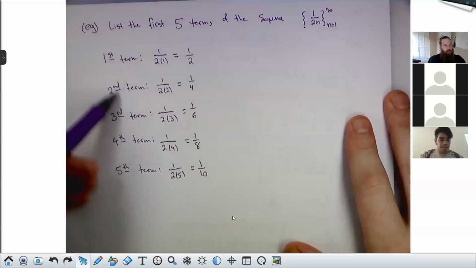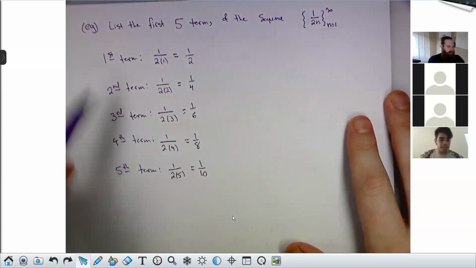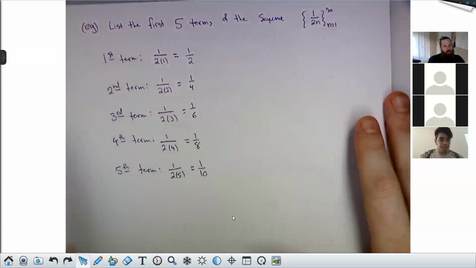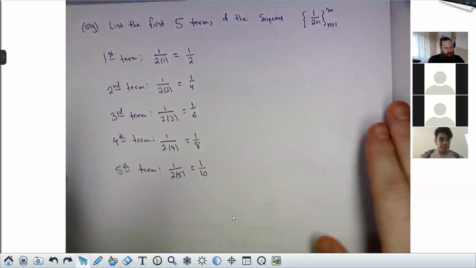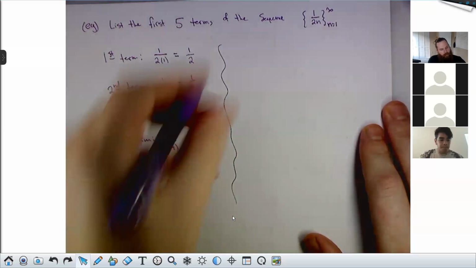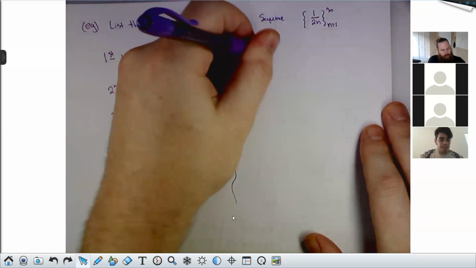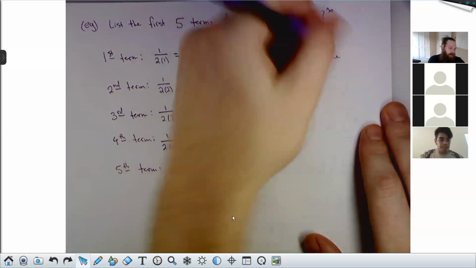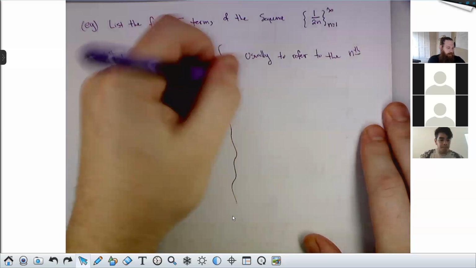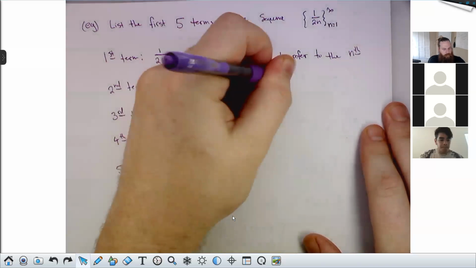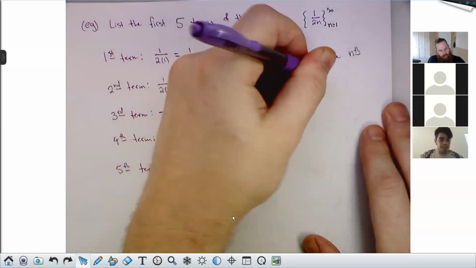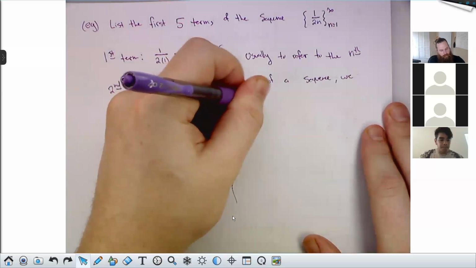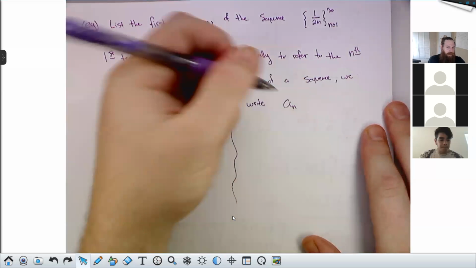Now, what you notice is that this notation here is rather cumbersome. I don't like having to write first term, second term, third term, fourth term. So instead of that, we use a new notation. Usually, to refer to the nth term of a sequence, we write a sub n.